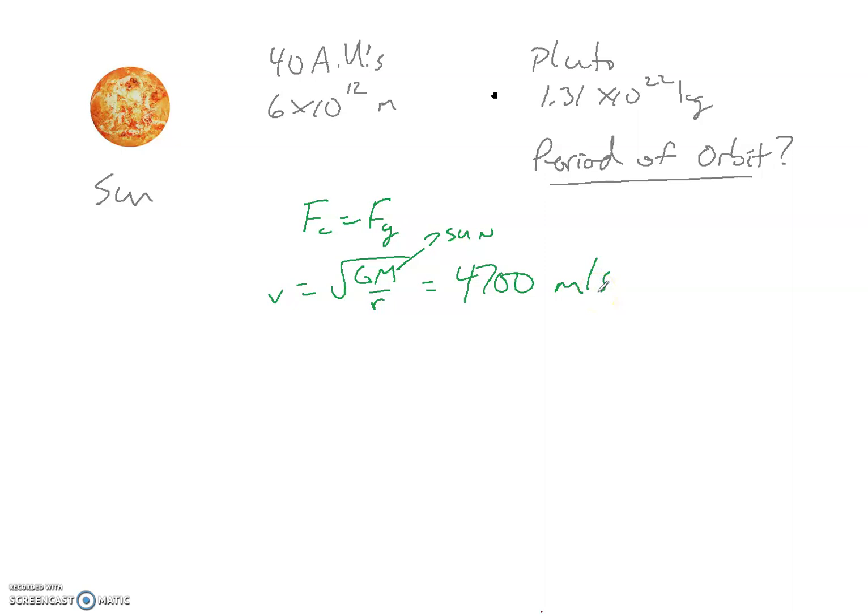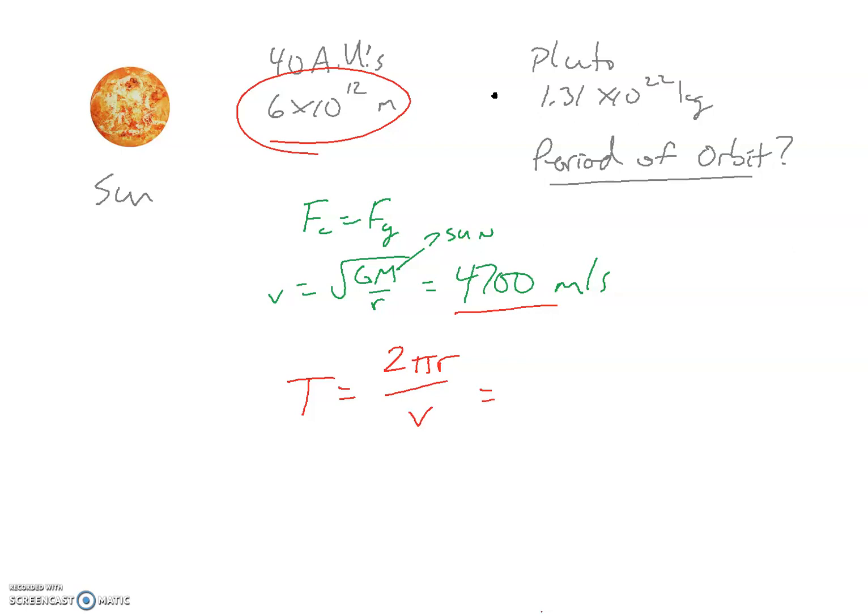Okay, well, now that I have that, period is just time. So I'm looking for period, and that's basically just d = tv. So the distance would be the 2 pi r, the circumference of the orbit, divided by the v. So I've got the 2 pi r, I've got the radius, I found out my v, so if I put them together, I can calculate the period.